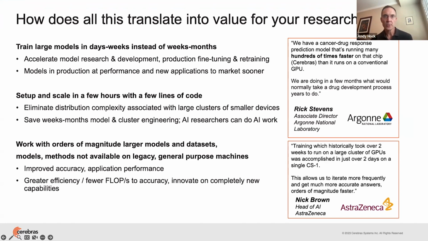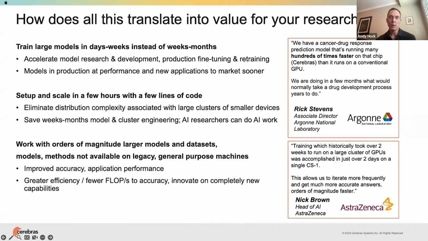And a couple of examples just to the right to illustrate the value of performance and scaling on Cerebras machines. One of the earliest projects that we engaged on was a project called CANDLE, or Cancer Deep Learning Experiment at ANL. And there, as you can see, a quote from Rick, some of our earliest work produced orders of magnitude acceleration on a first generation CS machine over GPUs for one of their cancer models, a part of the CANDLE project.